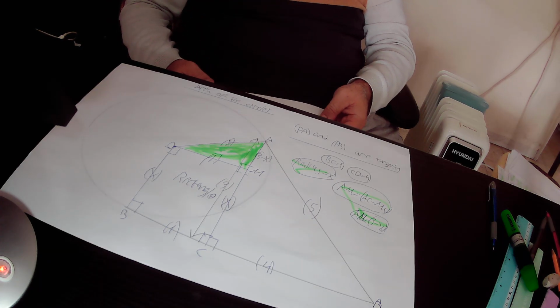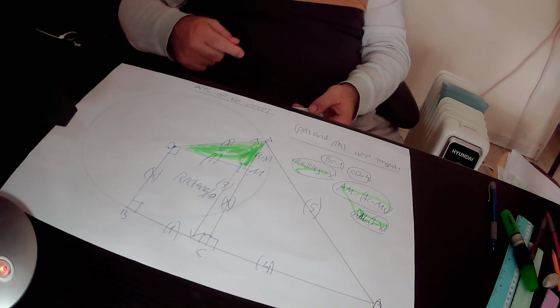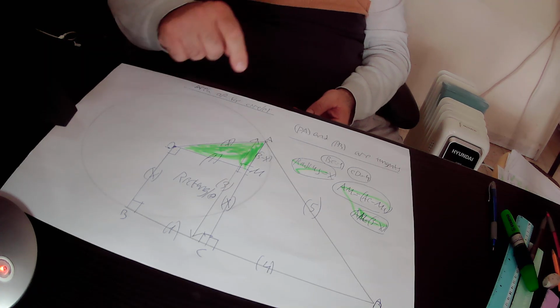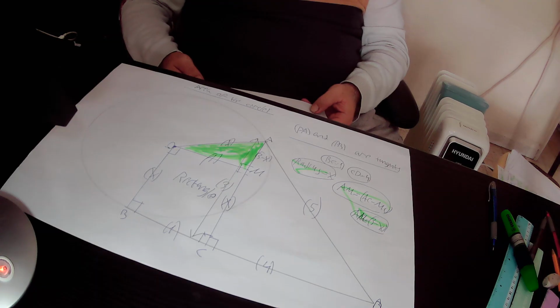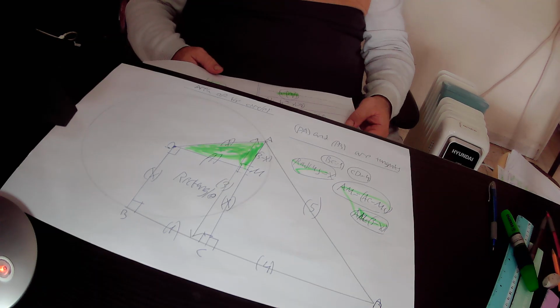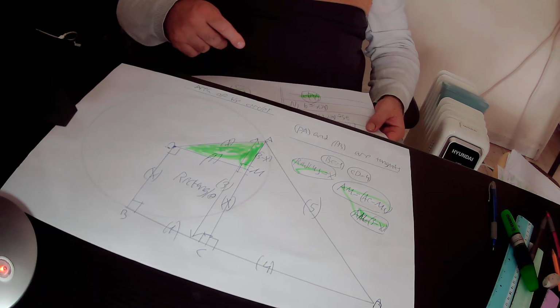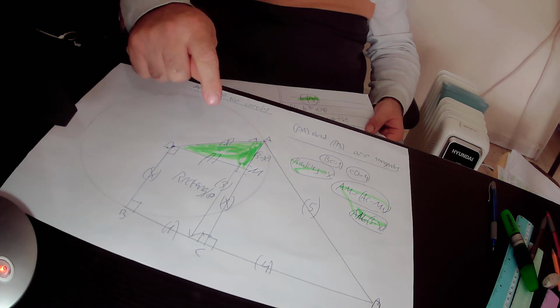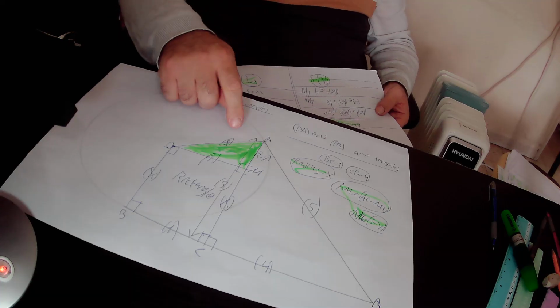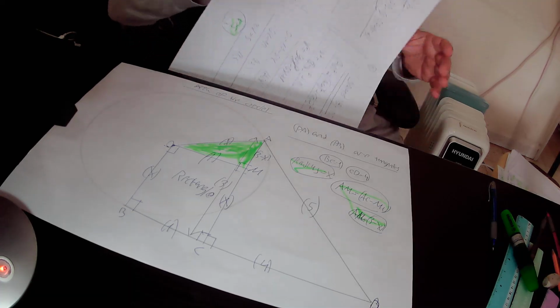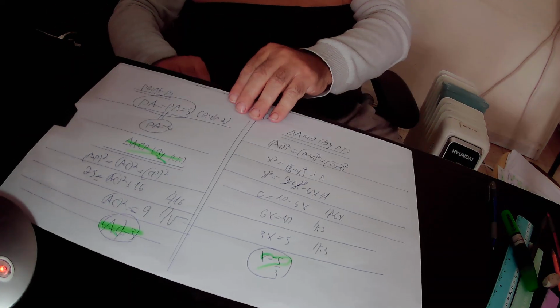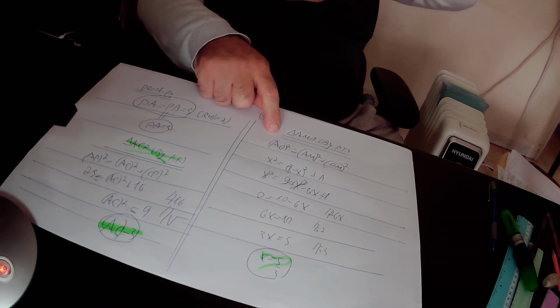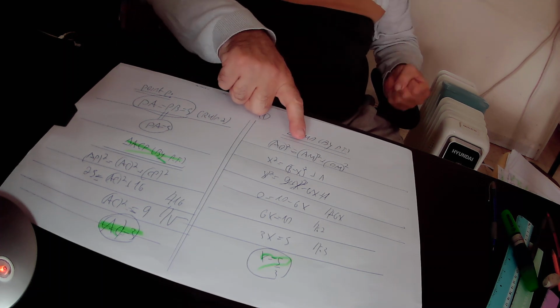So in the next step, we apply the Pythagoras theorem on this green right triangle AOM. According to the Pythagoras theorem, in this green right triangle AOM, AO squared, this is the square of the hypotenuse, equals AM squared plus OM squared.